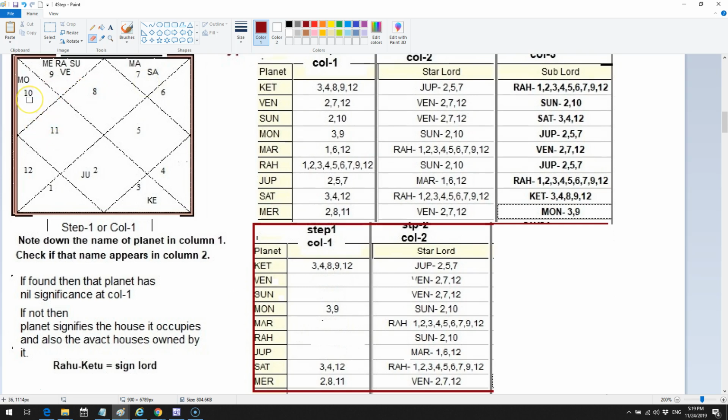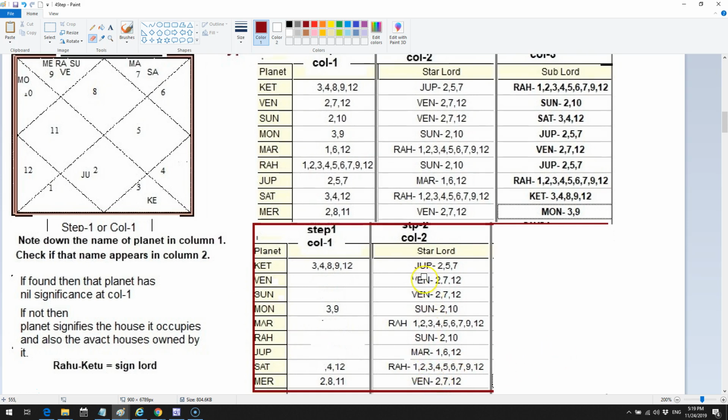But you see here that the third house is already occupied by Moon. And the rule says the planet signifies the houses it occupies and also the vacant houses owned by it. So vacant is only the fourth house. So in Saturn we will retain the 12th where Saturn is placed, and then we will retain the fourth house. So we will remove the third.